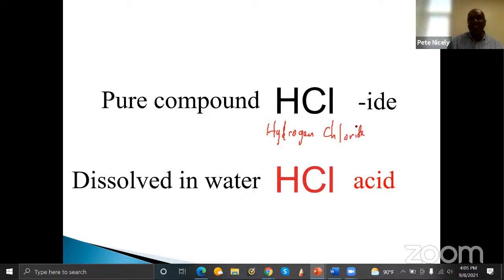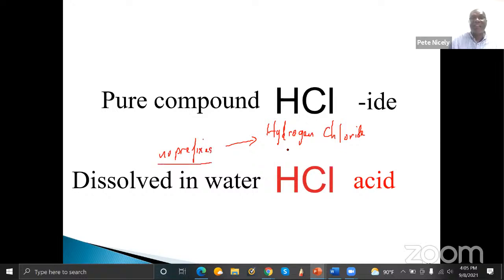You'll notice in the naming of this compound, there are no prefixes used, no prefixes. That's typically what we do when we're naming these binary molecular compounds where one of the two elements is hydrogen. We simply say hydrogen, then the stem of the name of the other element, and then it ends with -ide.